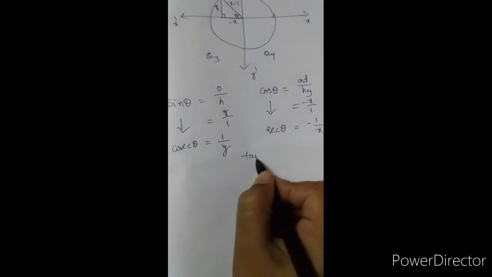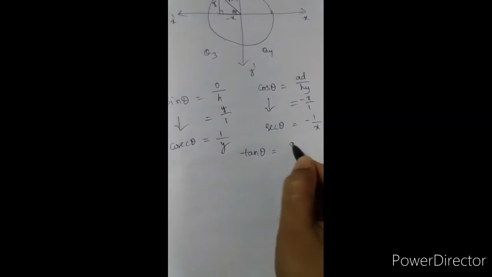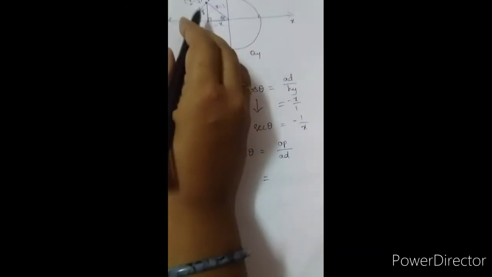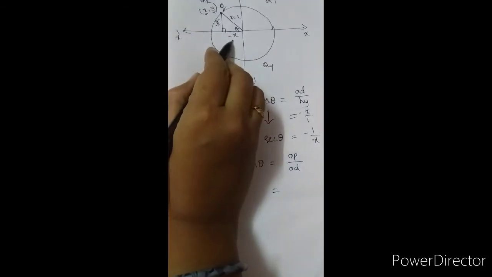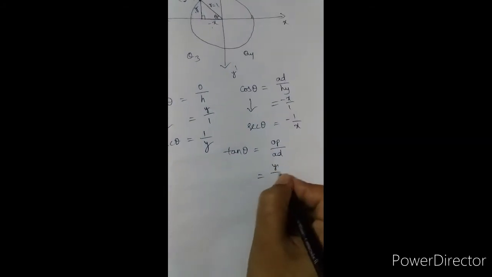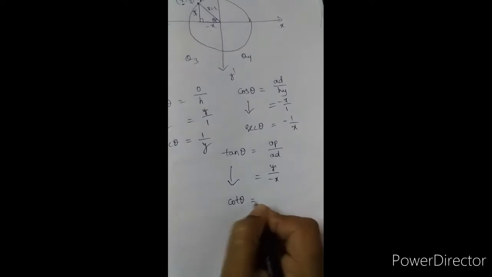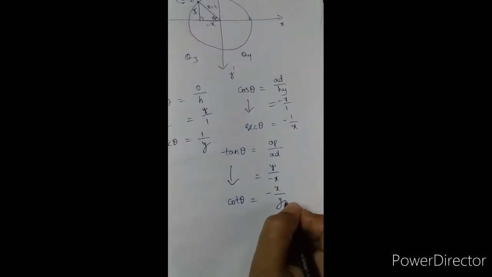Next, tan theta is equal to opposite side by adjacent side. Here the opposite side is y and the adjacent side is minus x. So y by minus x, and its reciprocal cot theta is equal to minus x by y.